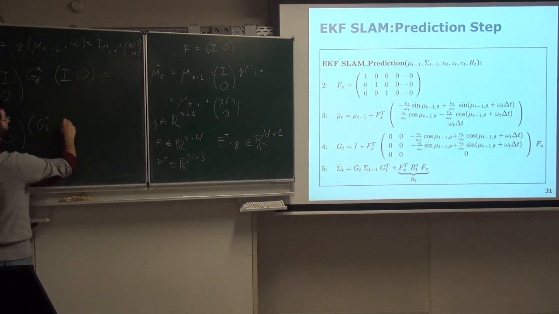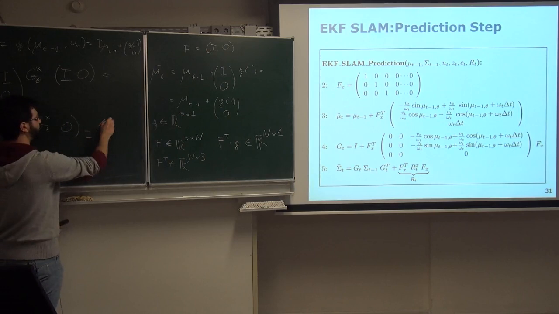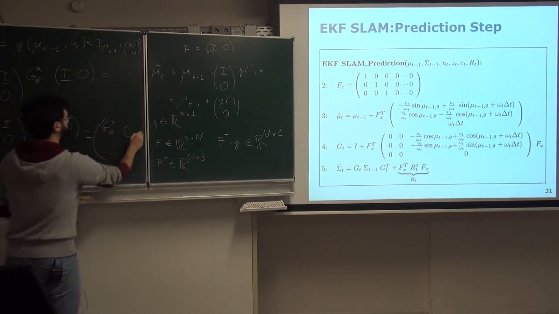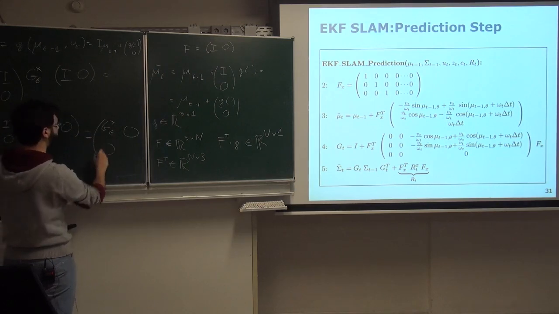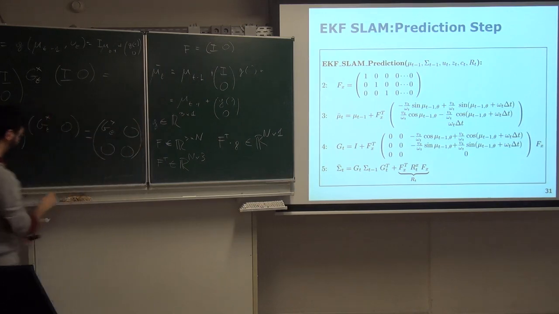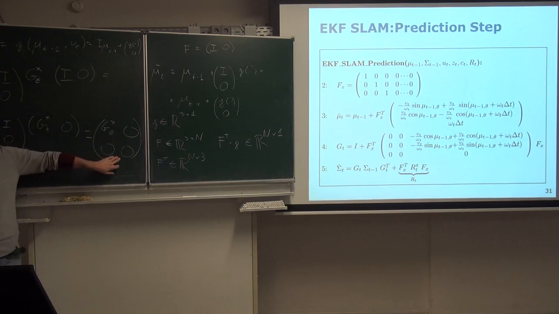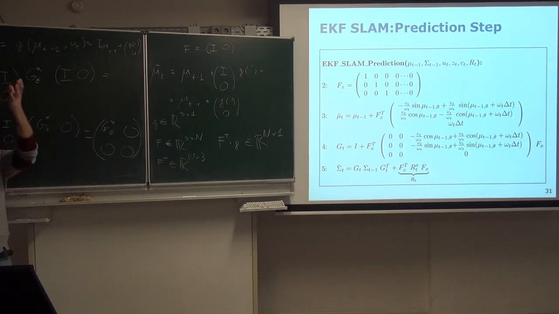We multiply this, and we get this structure here: GTX, 0, 0, and 0. So that's what we see. Basically, the effect of this F is to take G from a lower dimensional space and bring it up in the higher dimensional space, leaving everything that is not touched at 0.